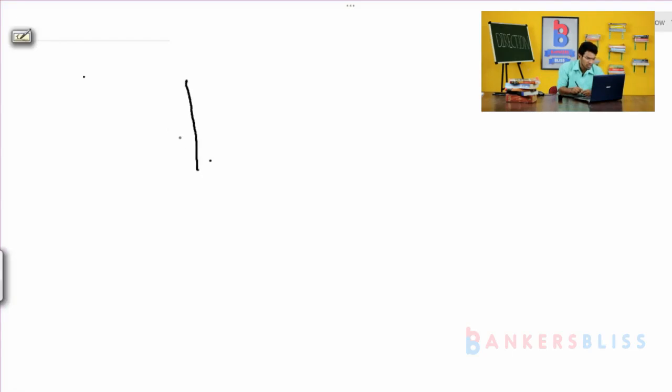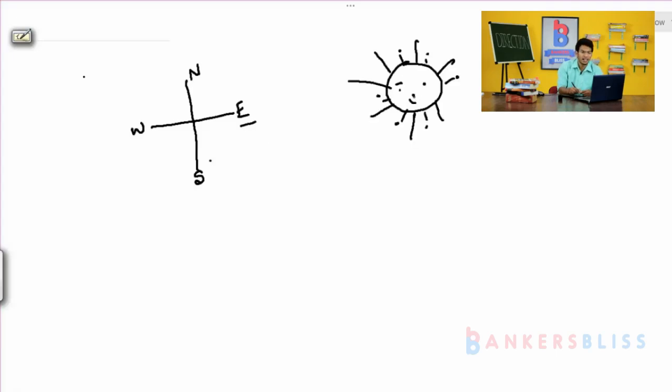This is east, this is south, this is west, and this is north. The sun rises in the east, and the shadow will be in the west direction.